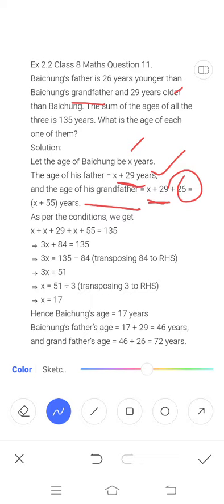Suppose your age is 10, for example. So what will be your father's age? For example, 30. So 10, 30 or 35. You can keep any age. So suppose if I am assuming the father's age is 35 and the son's age is 10, what will be the grandfather's age?